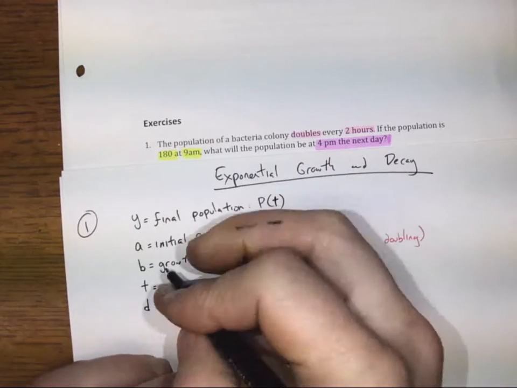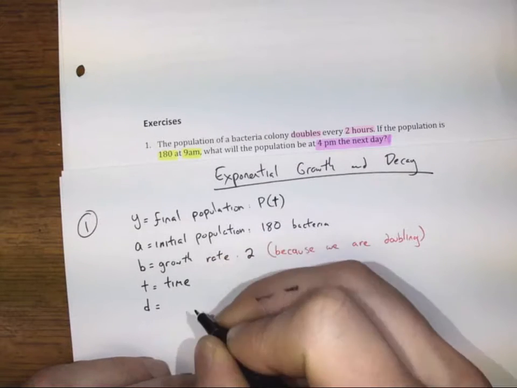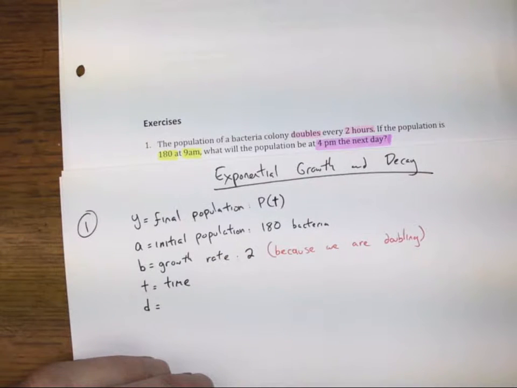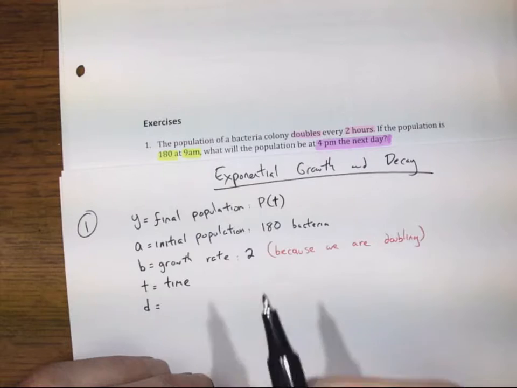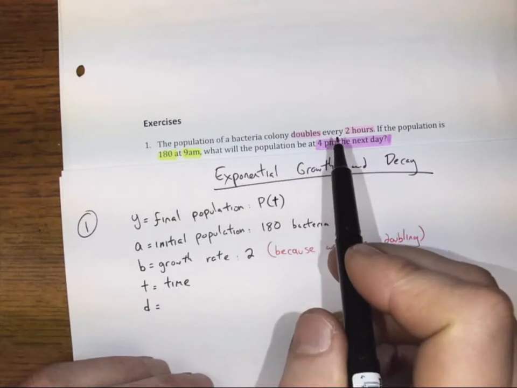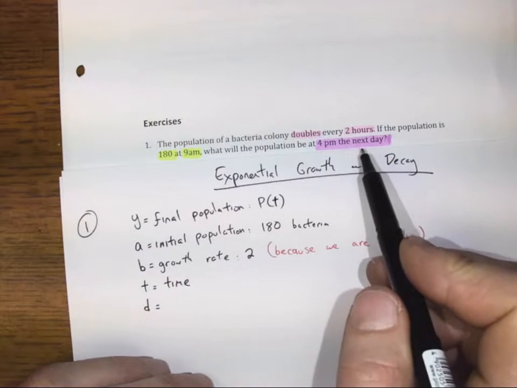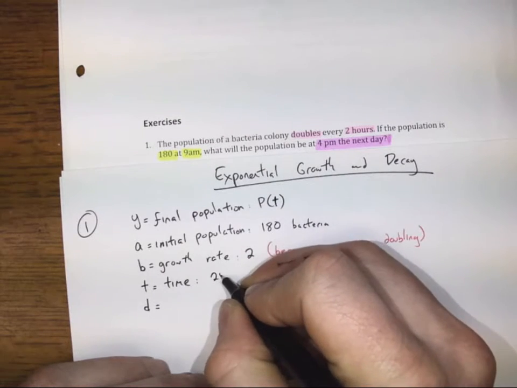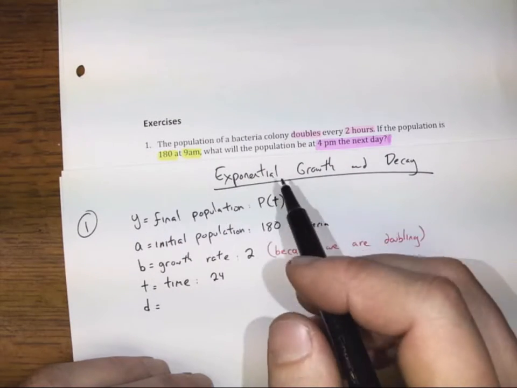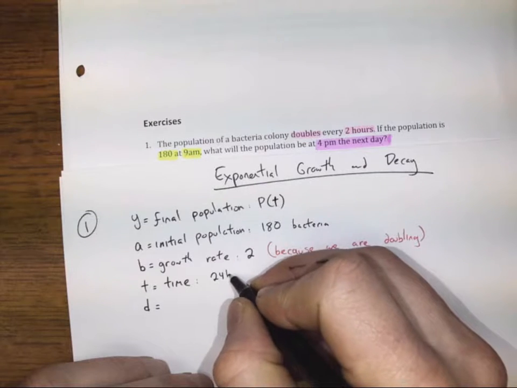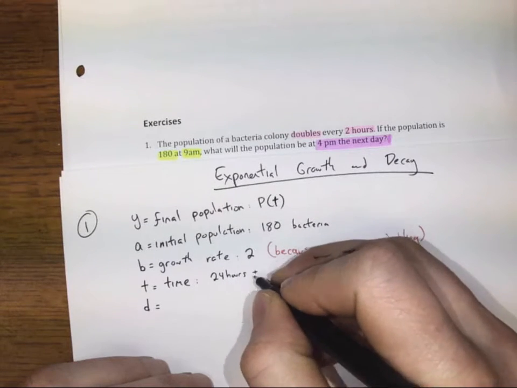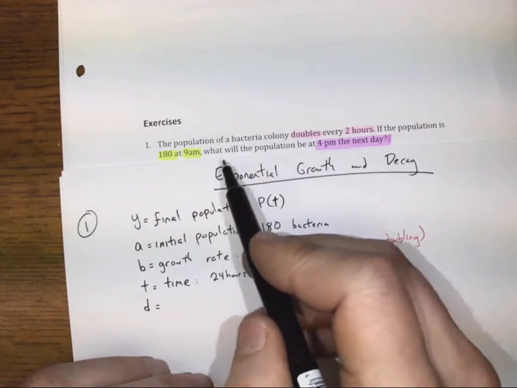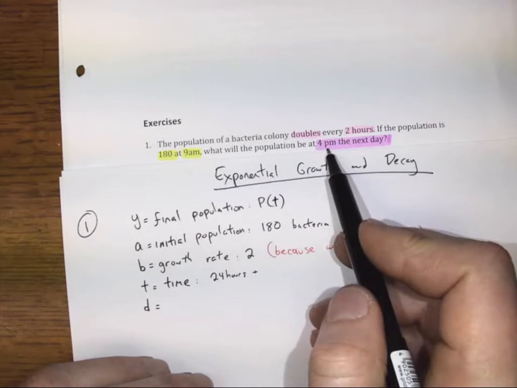Our T is our time. And it looks like we're going from 9 a.m. to 4 p.m. the next day. So it looks like we're going to have 24 hours. An entire day is going to go by. Plus the duration from 9 to 4.